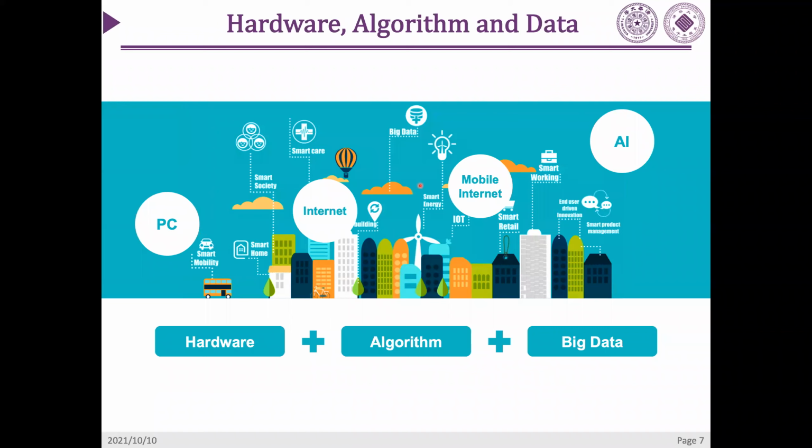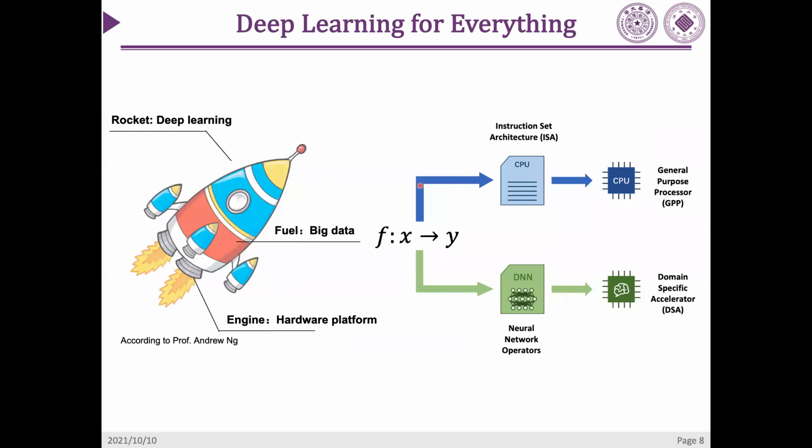So how can we dig the information from these lots of data is really matters. So for this, the hardware is one of the most important engine for the deep learning part.